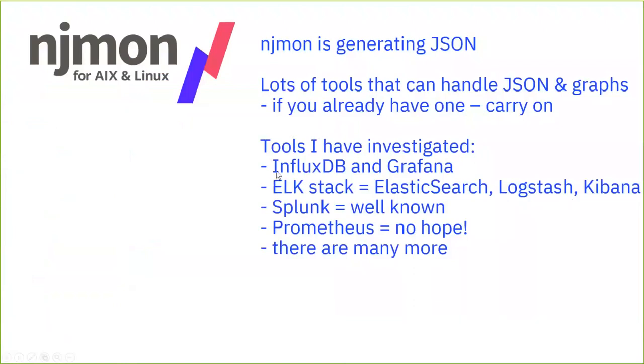So I'm actually using InfluxDB and Grafana. InfluxDB is the time series database that I inject the JSON into, and then Grafana, which we've seen, is a tool that can connect to InfluxDB and pull the data out and graph it for us. Another famous one is ELK, from a company that has three parts built together like an application.